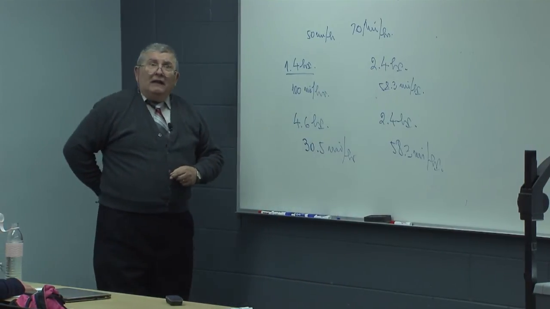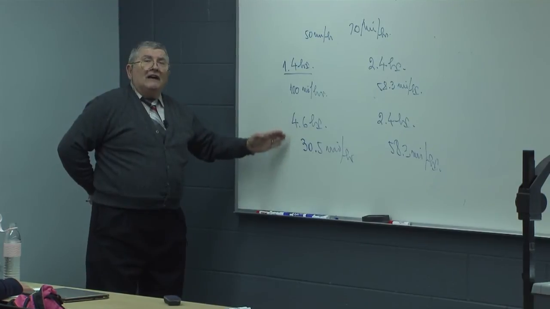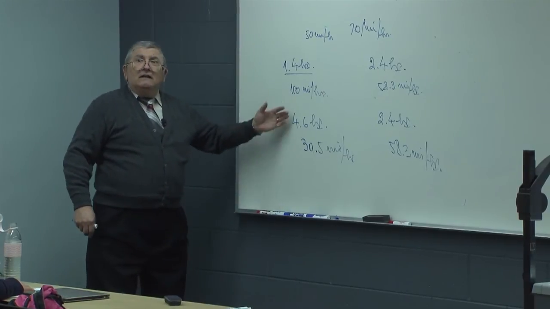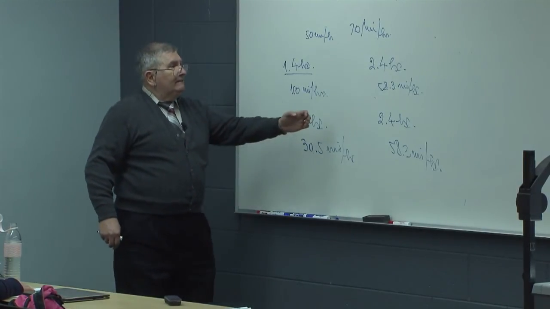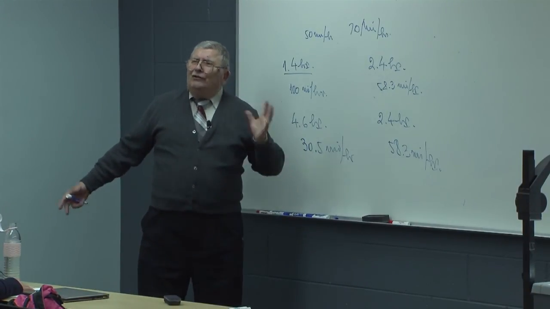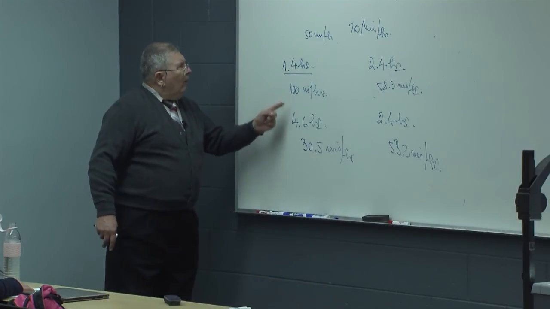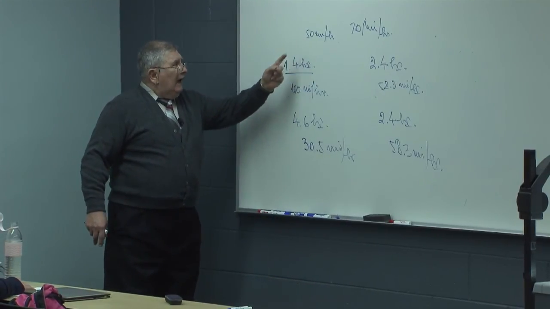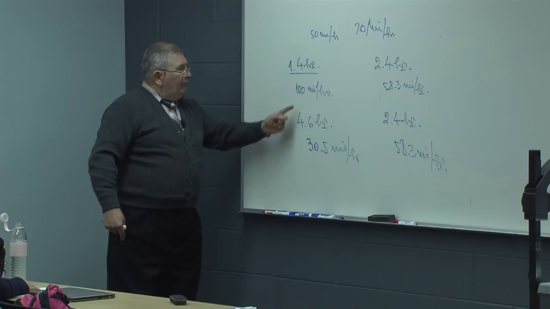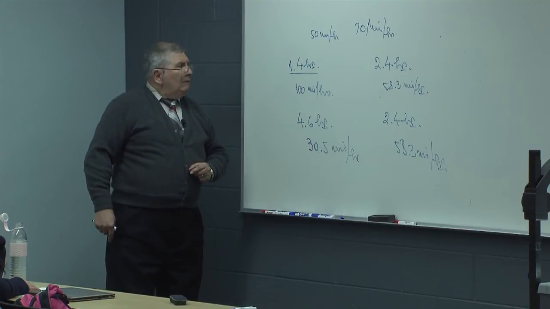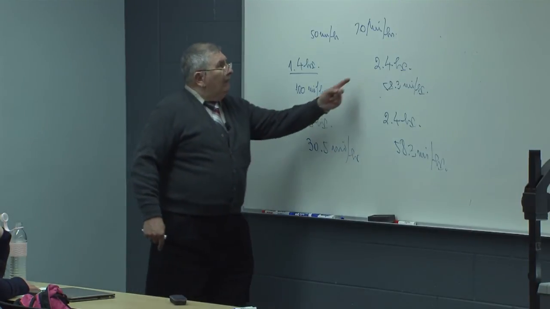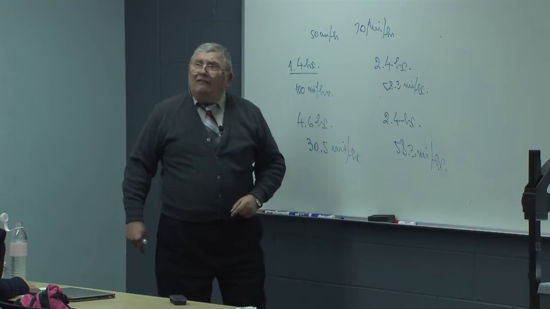So, if we consider the average of the two speeds, this seems to be faster than this. However, this is very non-true. Why? How long did it take this car to go from Grand Rapids to Detroit and back? 1.4 plus 4.6 is exactly 6 hours, while for this one it is less than 5 hours.